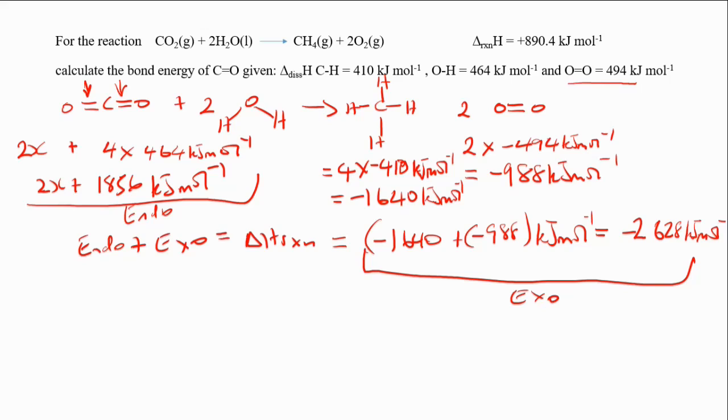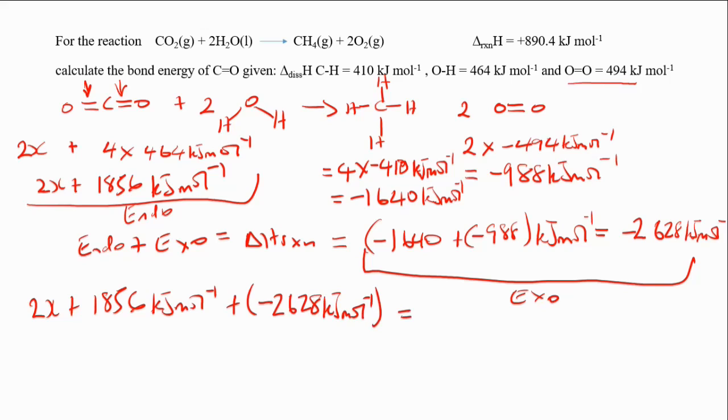Our endo process is 2x plus 1856 kilojoules per mole, plus minus 2628 kilojoules per mole, is equal to 890.